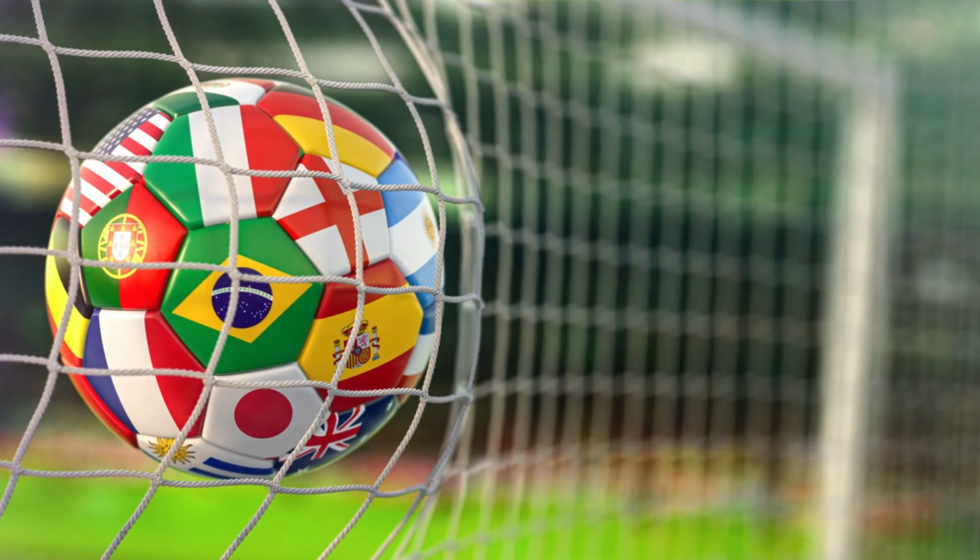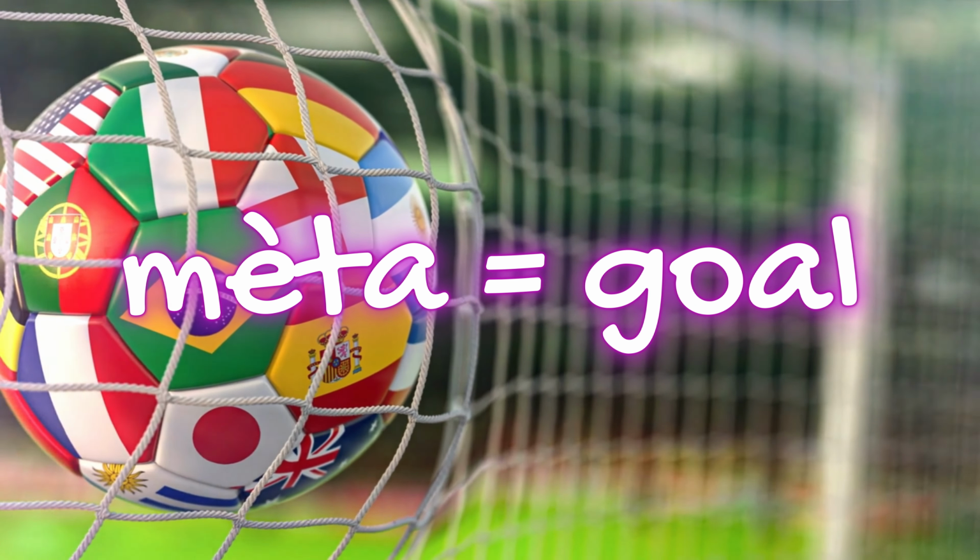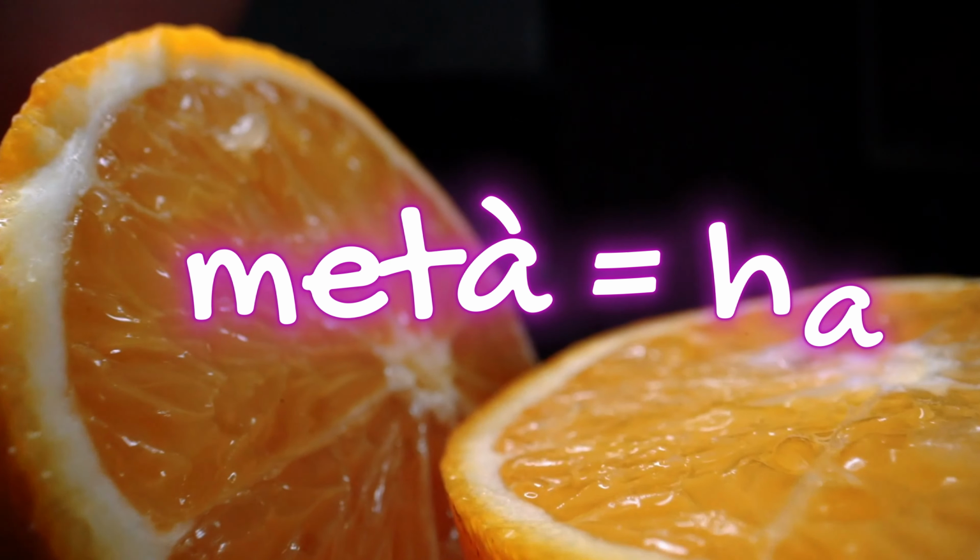So we increase the length of vowels in English words, such as doors or events. But in Italian, that kind of vowel with an accent is often present. The accent changes the pitch of the vowel, like metà or meta.